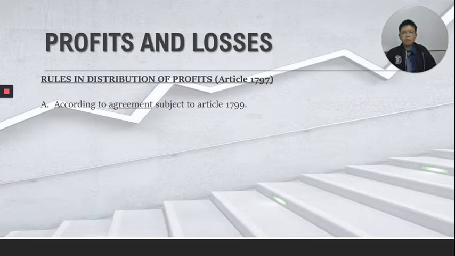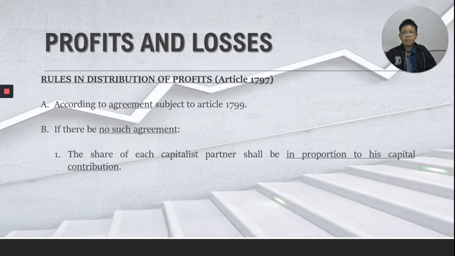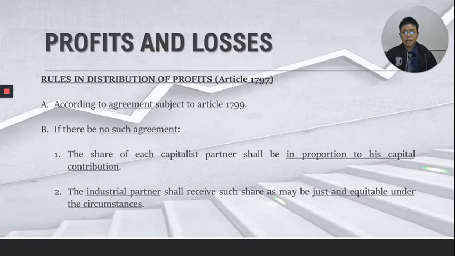Ma'am/sir, paano po kung walang napag-usapan? Siyempre, kung walang napag-usapan, remember class, the share of each capitalist partner shall be in proportion to his capital contribution. So, tingnan natin kung ano yung kanyang capital contribution. Kung 10% ng capital kinontribute niya, ang profits na kanyang makukuha ay 10% din ng profit. So, yun ang tandaan natin.